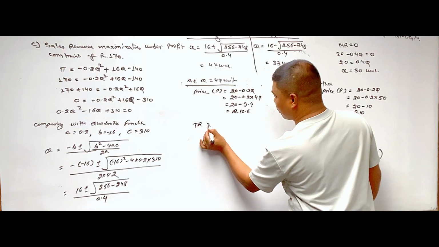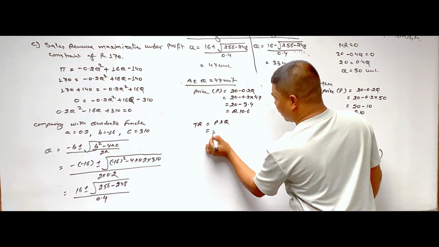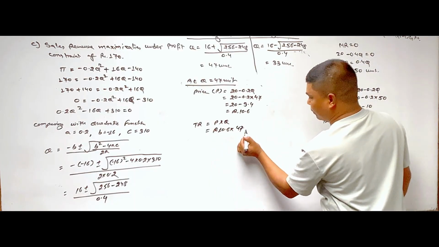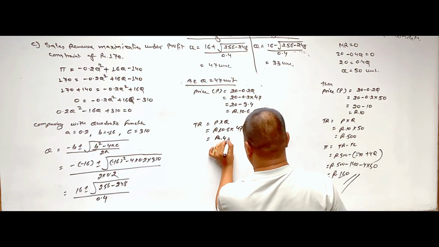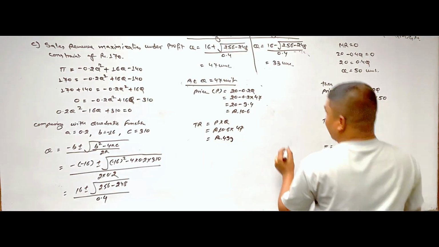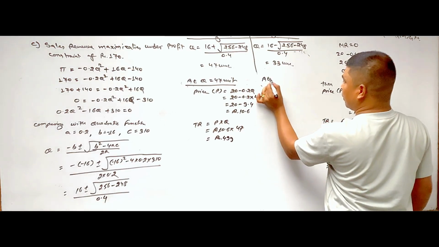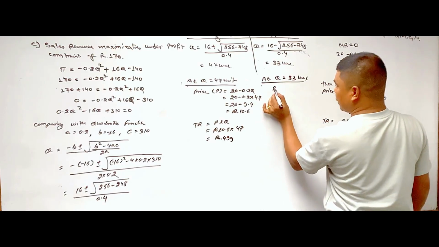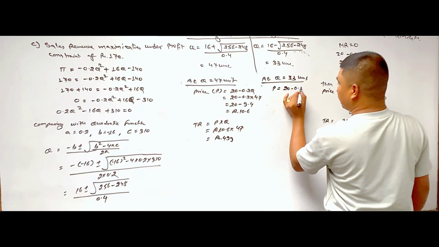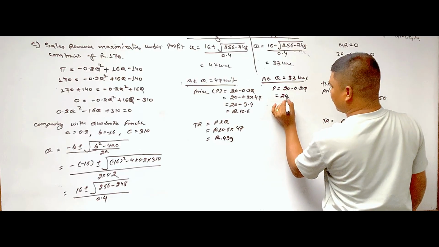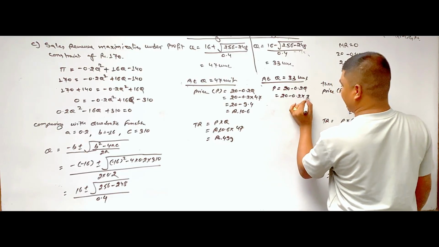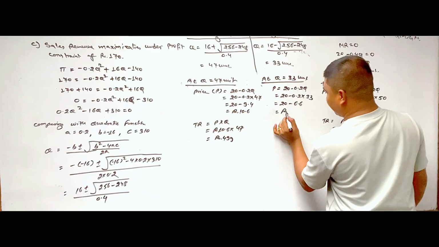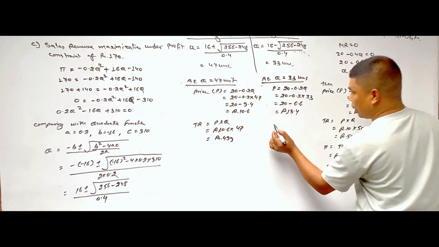Then total revenue equals price multiplied by quantity. Rupees 10.6 multiplied by 47 units, 499 approximately. In another part, at quantity equals 33 units, price equals 20 minus 0.2q, 20 minus 0.2 multiplied by 33, 20 minus 6.6, rupees 13.4.